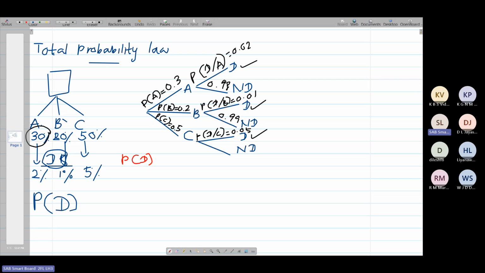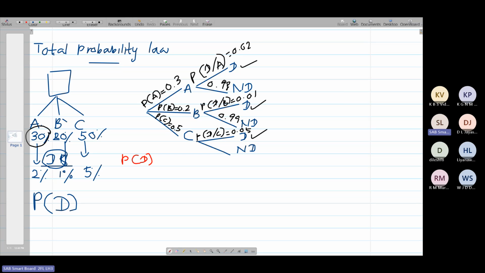It means after the quality checking, in a production run, we randomly select an item. That item is a defective one. Then we need to find out what the probability is. So we need to find the probability of the defective. Clear? The defective is common to all these three.